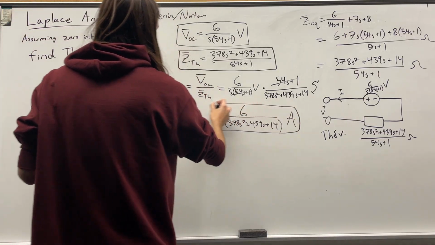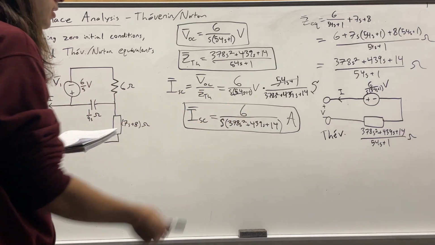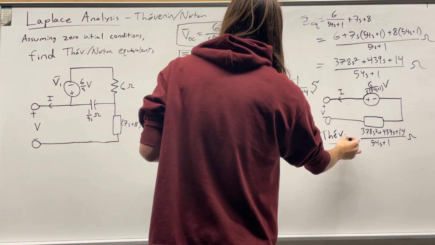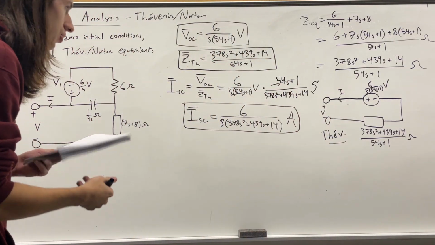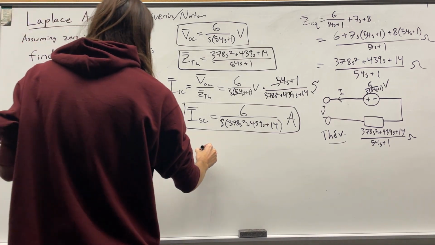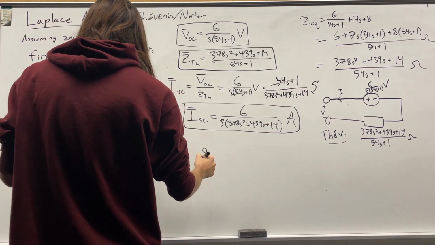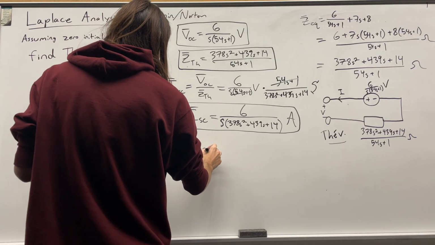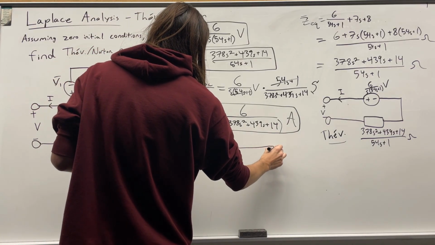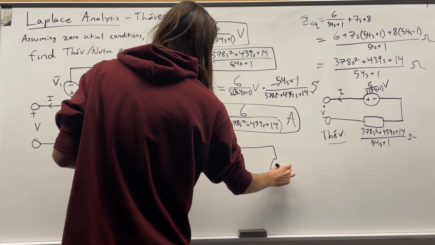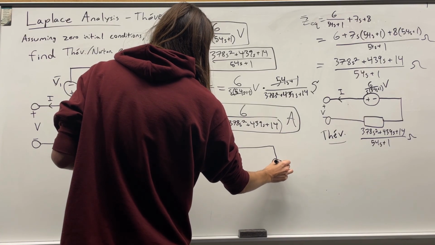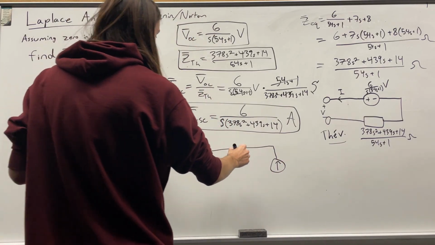And then, so now we've drawn our Thévenin circuit here. We have all of our values. Now we just need to draw our Norton circuit. Make sure you're paying attention to the direction of the arrow.